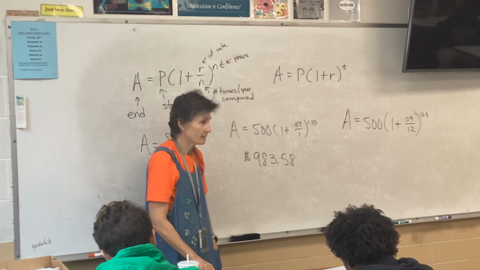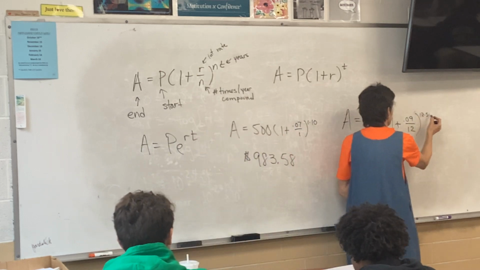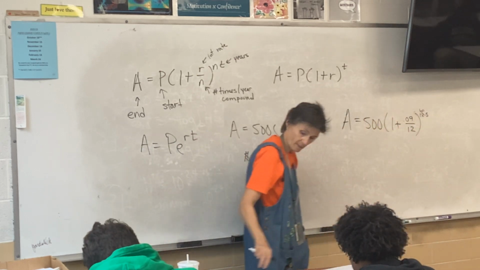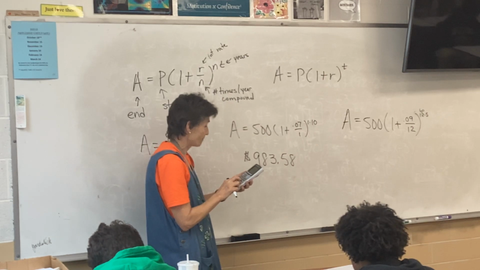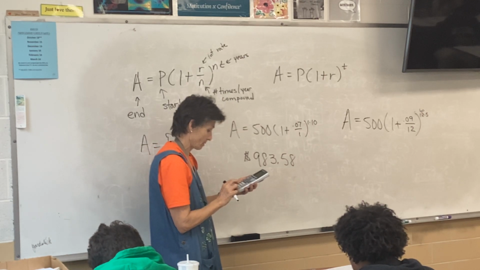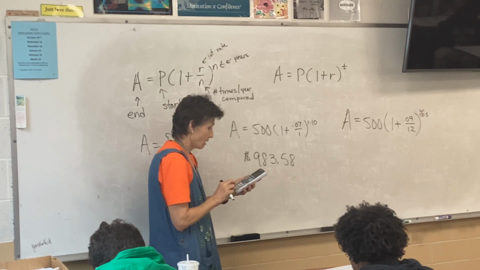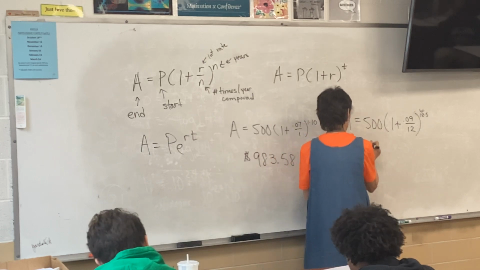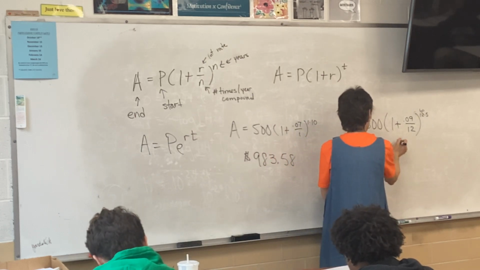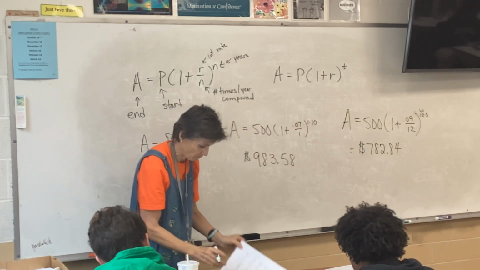You gotta be able to plug the numbers in. Everybody got those plugged in? I'm gonna go ahead and make this a 60. It's easier for me on my calculator, because I'm an old calculator. What'd you get? How much money does Roberto have? $782.84, perfect, beautiful.